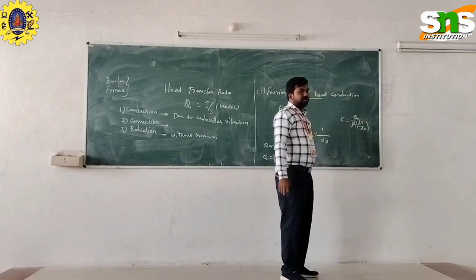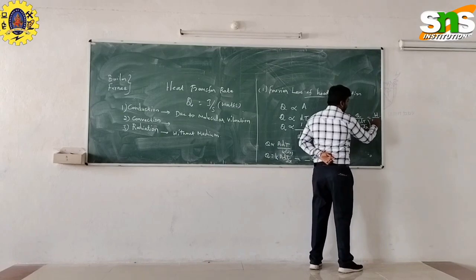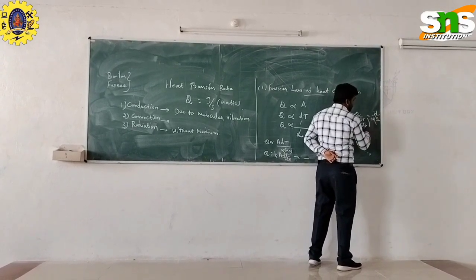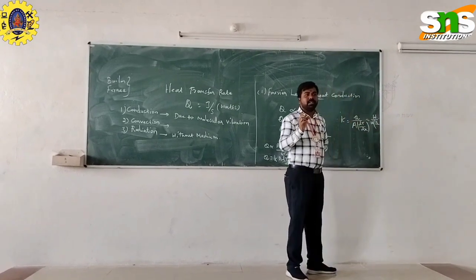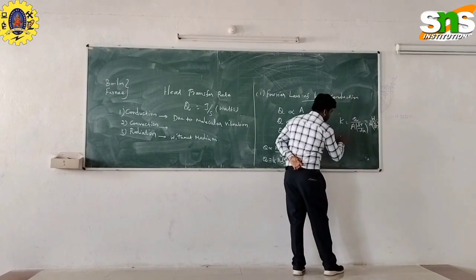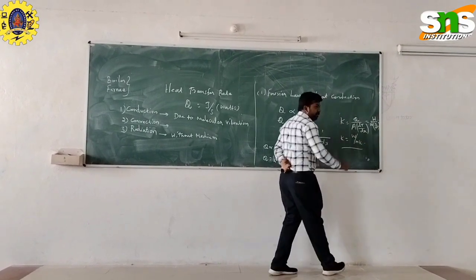The unit of heat transfer is watt, area is meter square, change in temperature is Kelvin, and dx, the small portion of the substance, is meter. So the unit of thermal conductivity is watt per meter Kelvin.